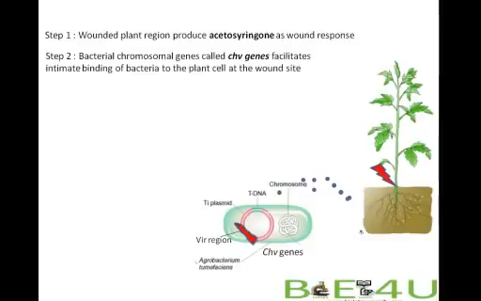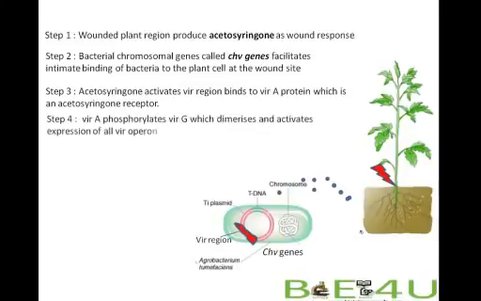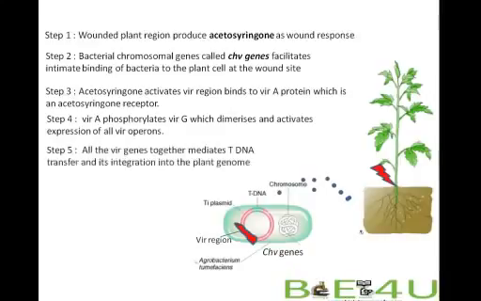Now acetosyringone activates the vir region: it binds to VirA protein, which is a receptor. VirA phosphorylates VirG, another vir operon, which dimerizes and activates expression of all vir operons. All the vir genes together mediate successful tDNA transfer and its integration into the plant genome.